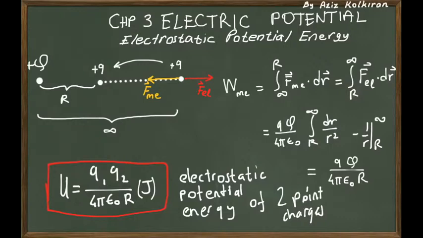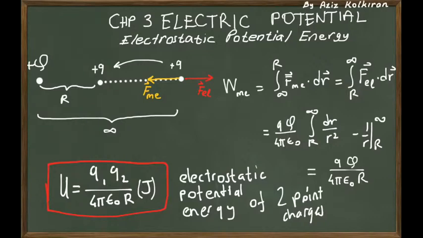If you bring the distance from infinity to r, then this is the amount of work you have to consume. This is called the electrostatic potential energy of two point charges, q1 and q2, which are located at a distance r from each other. Okay, this is the definition, and we base the concept of electric potential on this electrostatic potential energy.